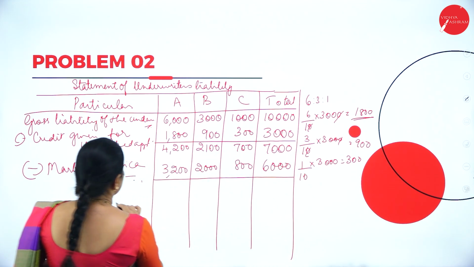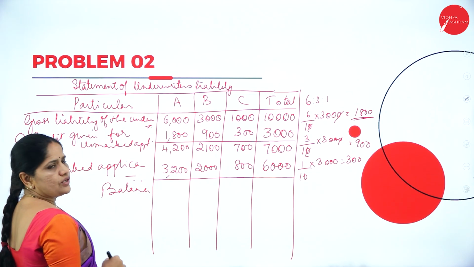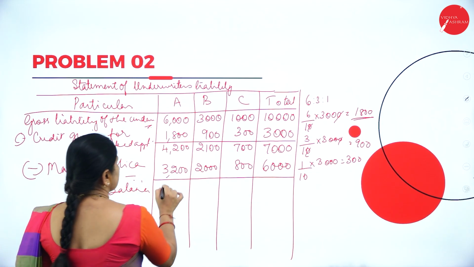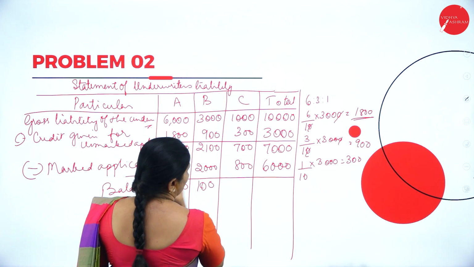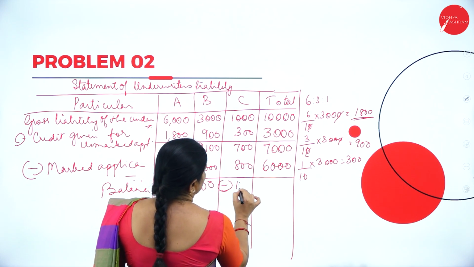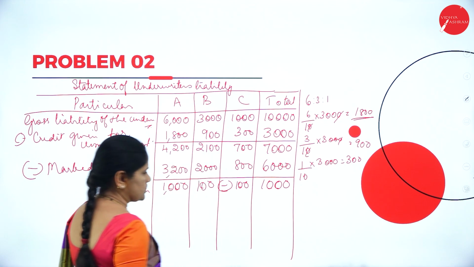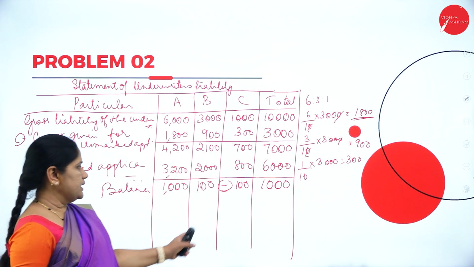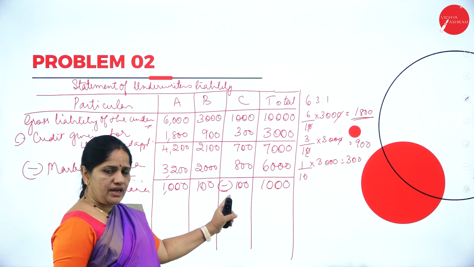Now I deduct this, I get the balance. So 4,200 minus 3,200, 1,000, then 100, then minus 100, then 1,000. Now if I can see here for underwriter C, there is a surplus of 100.